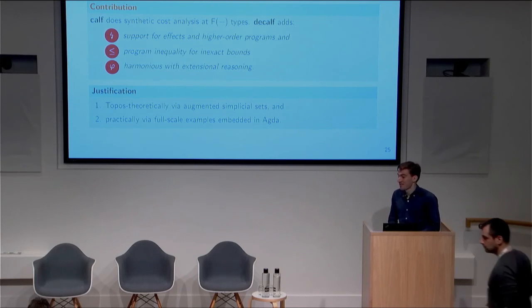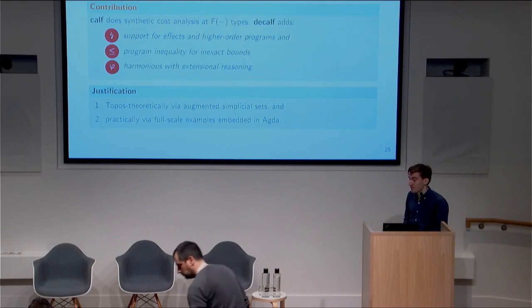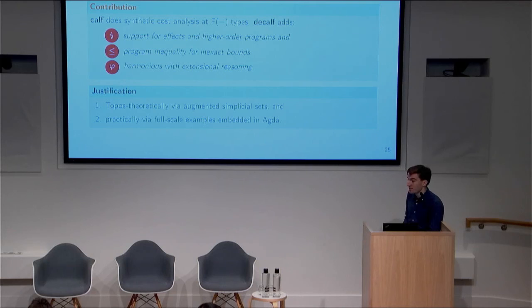Did I understand this correctly, that the cost does not appear in the types? That's right, the cost does not. Is there a reason why you chose to do this? There are frameworks which actually embed cost within the types or grade them with the cost. Have you tried comparing, or what is the reason? Sure. The intuition I can give is we're working in a dependent type theory, and here a cost bound is just another program.